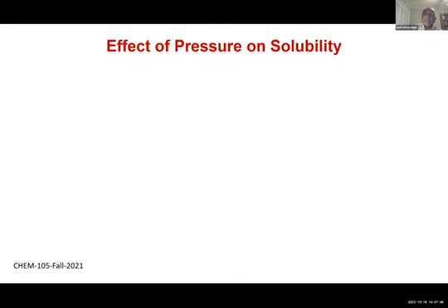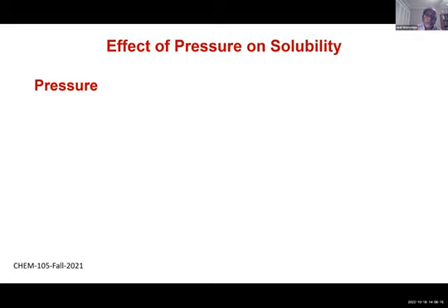We talked about temperature. Normally solids increase solubility with temperature, but gases decrease solubility with temperature. How about the pressure? Pressure only has an effect when the solute is a gas.